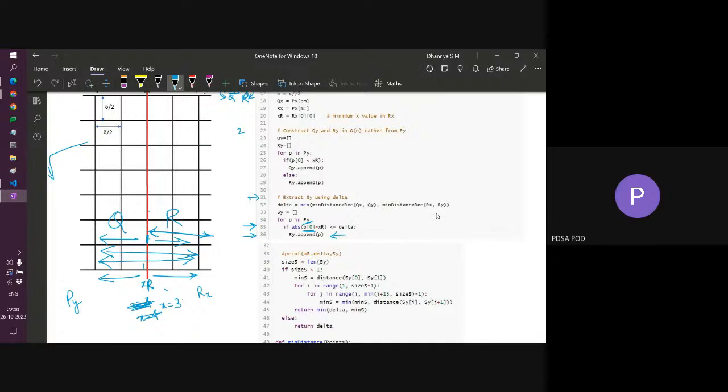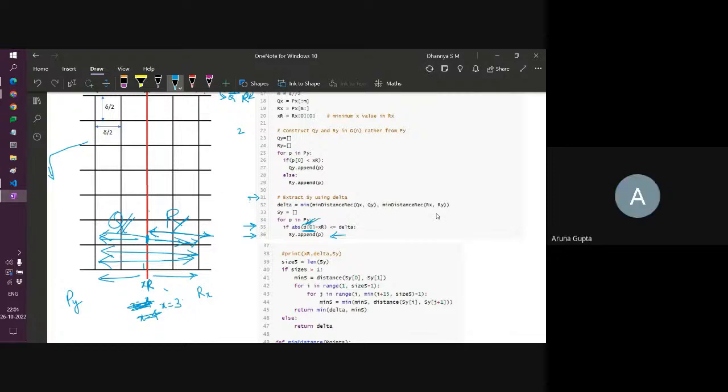I'm just saying that the minimum of the R part is the partitioning line. Whatever is within distance delta from here, I will put into Sy. That has to be done for both Q and R, and hence I take it from P.